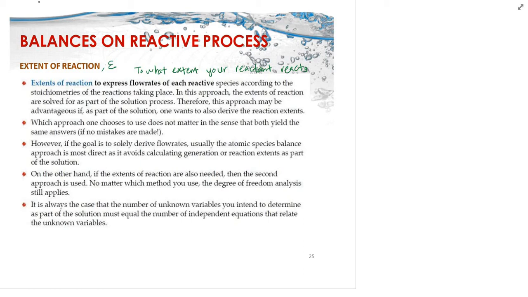The general formula is: the number of moles of your species in the output is equal to the initial number of species, plus or minus the stoichiometry ratio of your species multiplied by E. So E here is your extent of reaction.